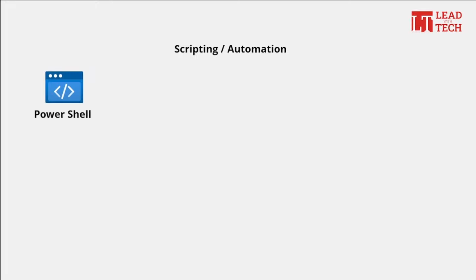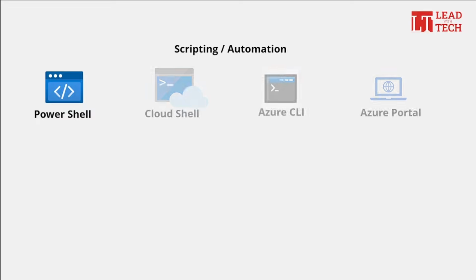So what are the different tools that are available for scripting and automating infrastructure in Azure? The first is PowerShell. If you're coming from a Windows background and have some programming knowledge, you will be aware of PowerShell scripting or PowerShell programming. And if you're coming from this background, creating and automating the infrastructure creation on Azure using PowerShell becomes easy.